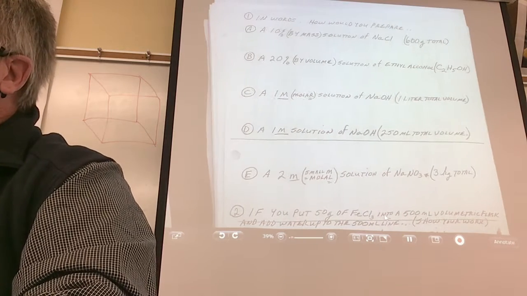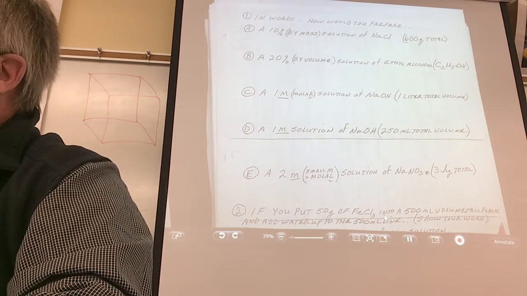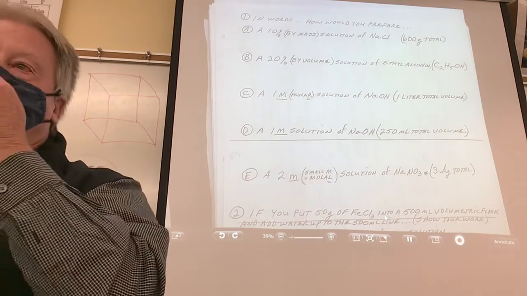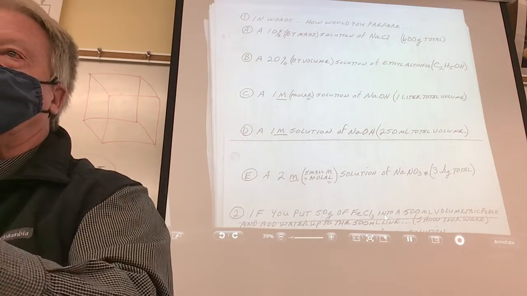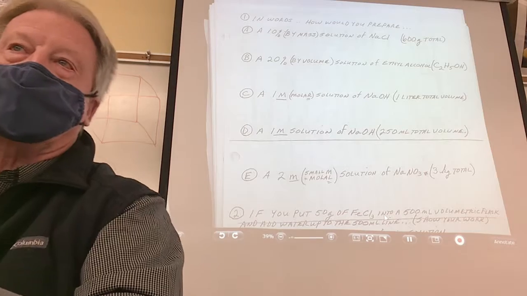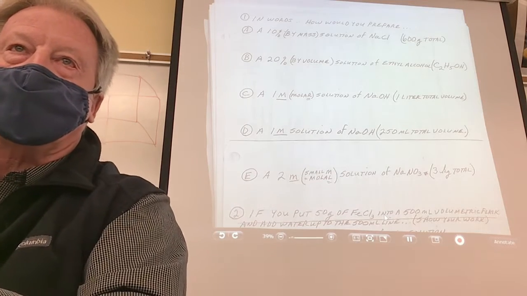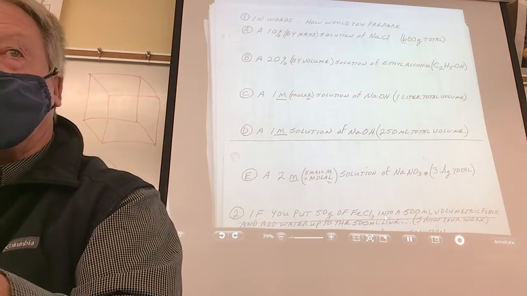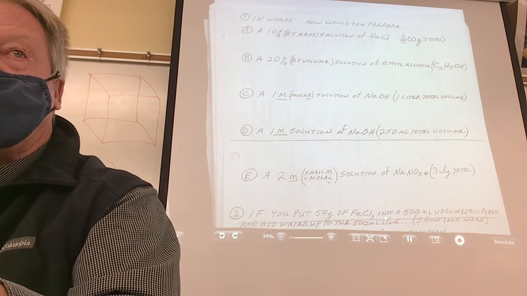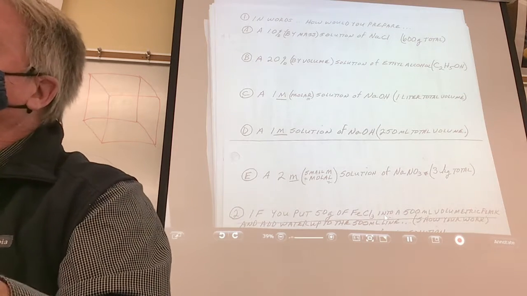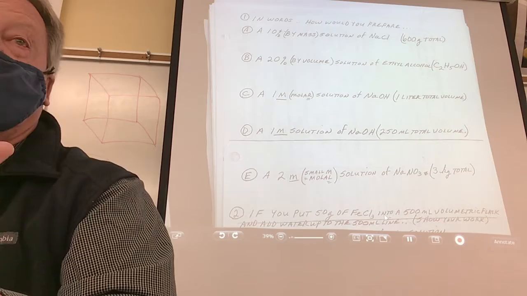Later, remember how we did serial dilutions? In one lab, you'll make a solution that is maybe 0.1 molar, and then you're going to take the test tube and make serial dilutions. And you get 0.1, 0.01, 0.001. See that? And then you can make concentrations however you want.